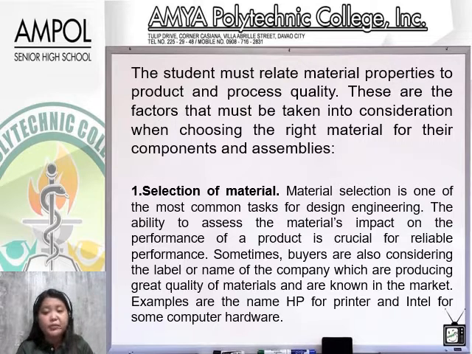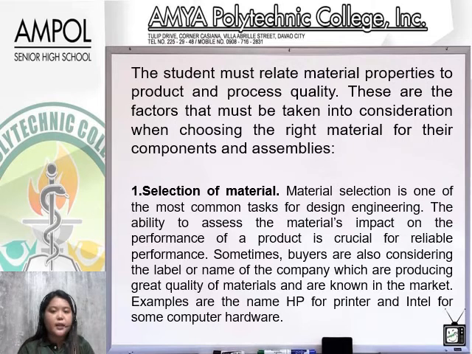So sometimes buyers are also considering the label or the name of the company. As a buyer, you have to select a material that you think can give you great quality of materials.